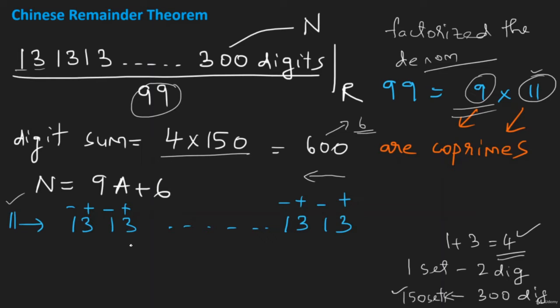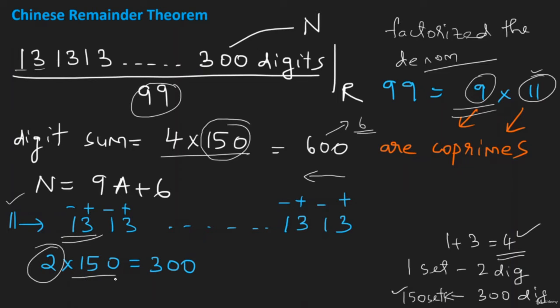And you can see that in one set, there is a plus 3 and there is a minus 1. So plus 3 minus 1 gives you 2, and we have seen there are 150 such sets, the same as what we have taken over here. So the digit sum of this, when you apply the signs, will be 2 into 150, right? Each set has a sum of plus 3 minus 1, that's 2, and you have 150 such sets.